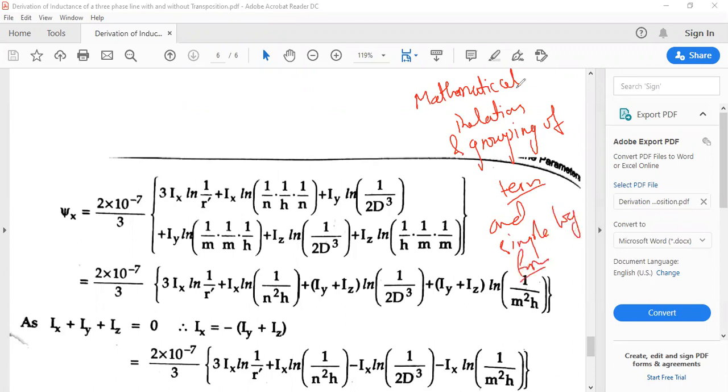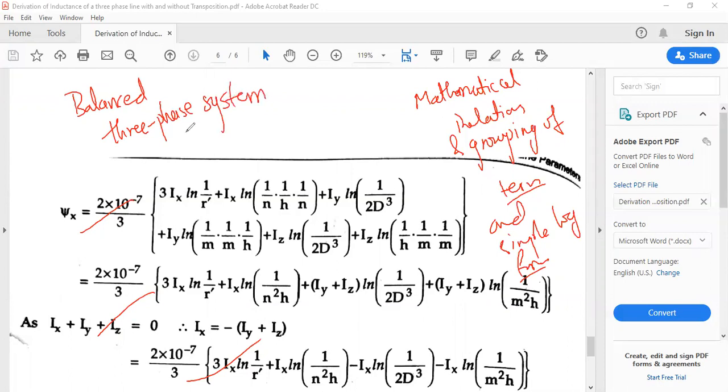You will be able to understand all these steps which are being given out here, considering it to be a balanced 3-phase system. So whatever we are doing here, we are not considering the effect of any fault or any other extra applications. We are not going to analyze any loading conditions. We are just going to find out what is the inductance level that is being present here.